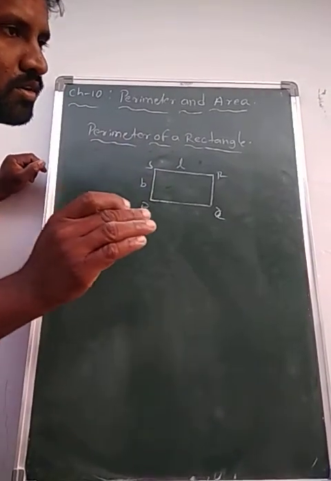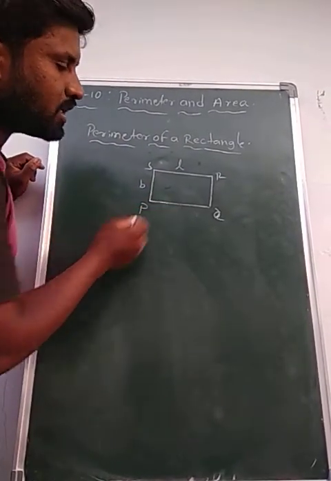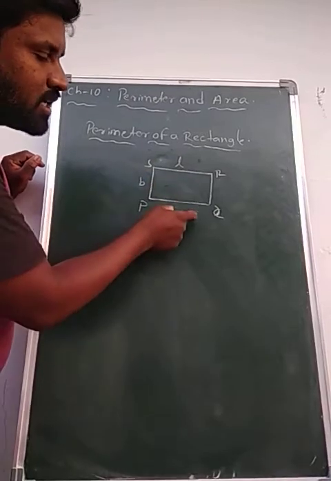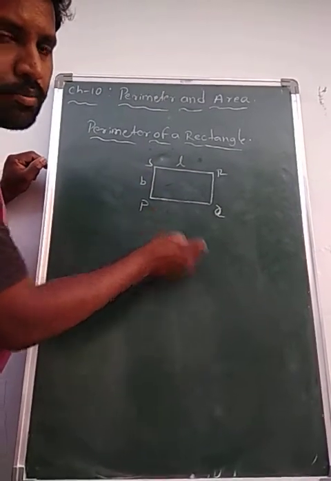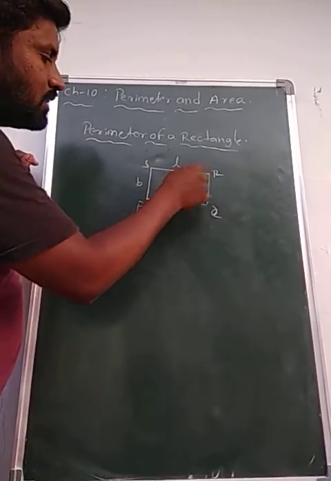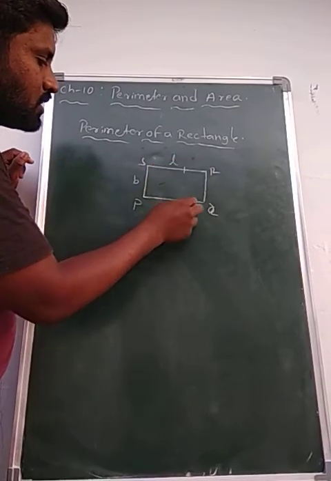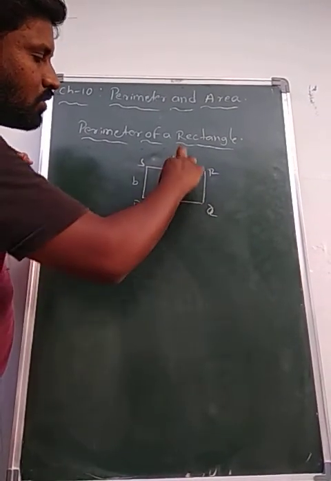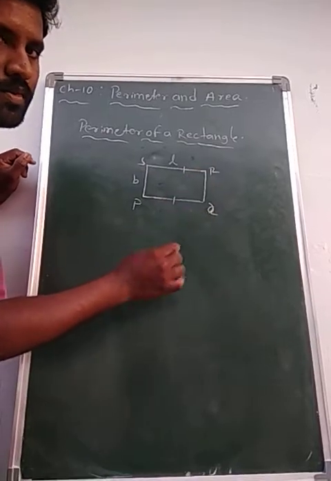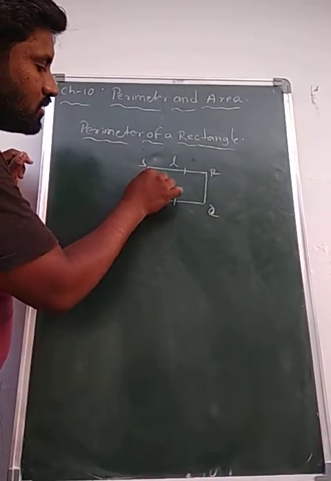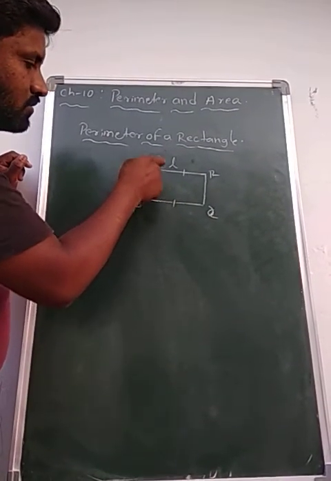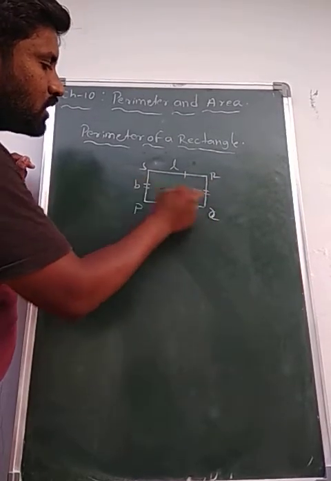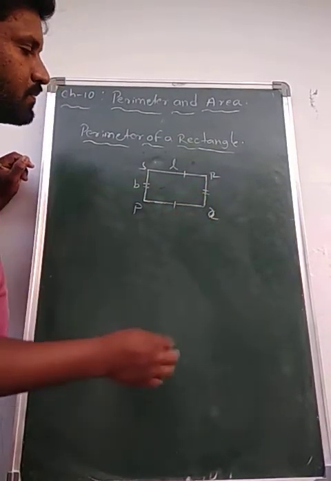What do we know about the properties of a rectangle? The opposite sides are equal and parallel, which means the length of SR is equal to PQ. Both are equal as well as parallel. And these sides also are both equal and parallel.